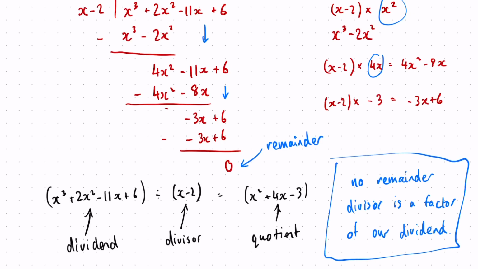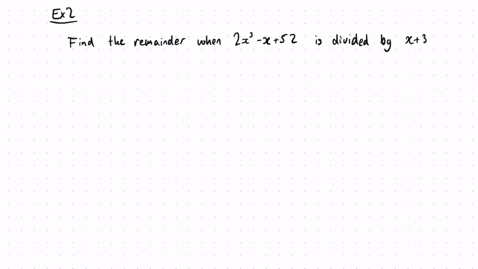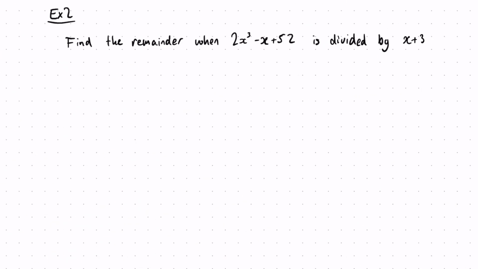Okay, let's have a look at another question. This time there is going to be a remainder, so our divisor is not a factor of our dividend. So the same process still goes. We're going to divide 2x cubed minus x plus 52 by x plus 3 using long division.